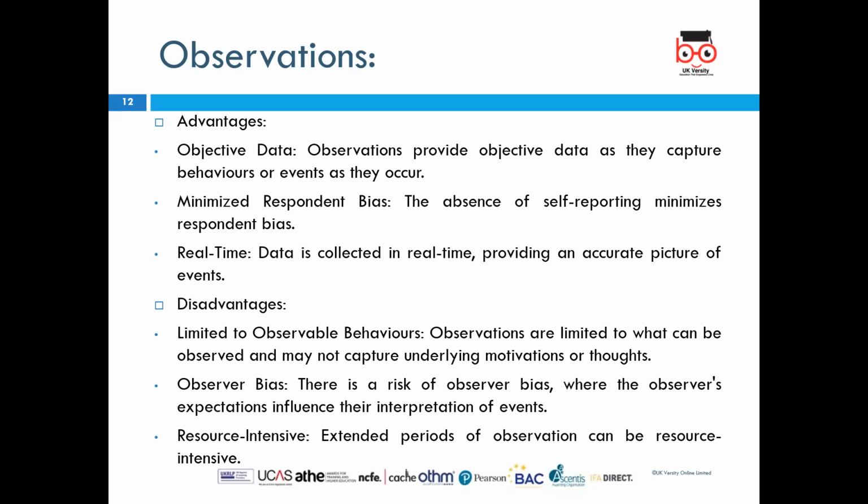For example, in interviews, they interact with the participants, and then there can be a bias. But in observations, since the researcher is not participating in the sample group discussion, there is minimum respondent bias. And then the data is captured in real time, which provides an accurate picture of the events.